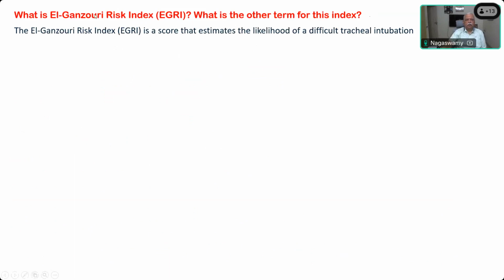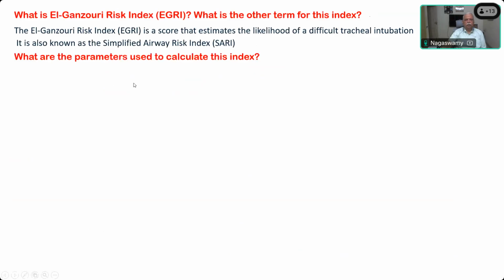This has been mentioned in the current Indian Journal of Anaesthesia, from where I picked up this question, because DNB examiners are very fond of asking something from the latest journals, even though textbooks are not showing all these things. So it is also known as the simplified airway risk index.